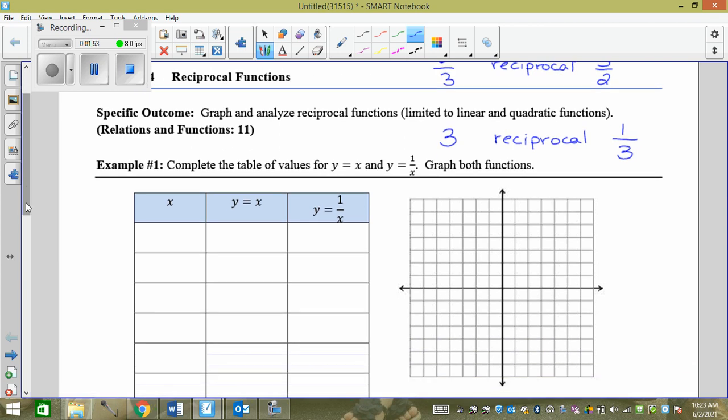So we have to complete the table for the values of x and y equals x. So this is going to be just our x, and then the equation we're going to do is y equals x. So type this into your calculator. Y equals x. You'll see why finding the value isn't that hard.